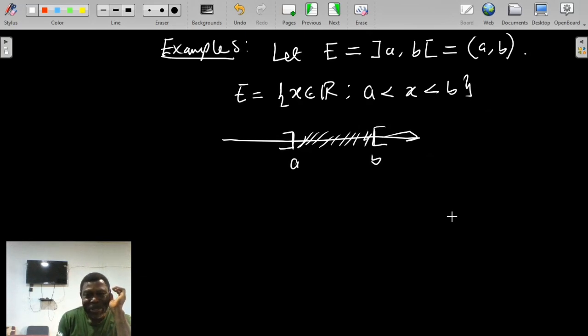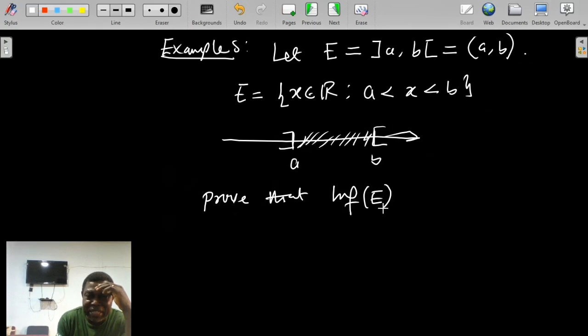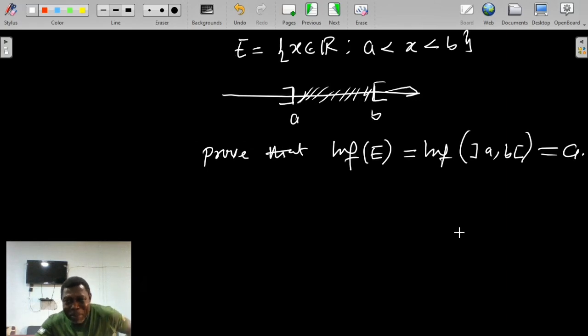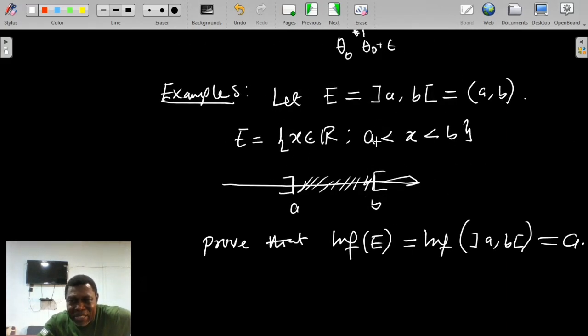What does this example require us to do? What I want us to do is to prove that the infimum of this set E, that is the infimum of the interval (A, B), is equal to A. Now, remember, I can talk about the infimum because we've already seen that any x here is bigger than A, meaning that this set is bounded below by A. It's also bounded above by B, meaning that the set in question is bounded.